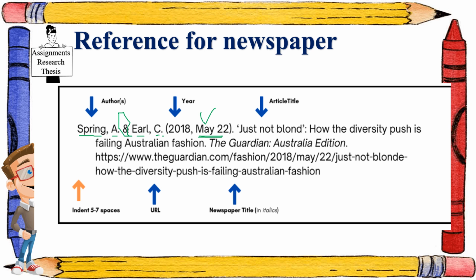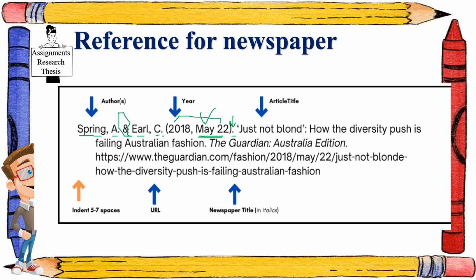If the month and the date are mentioned, then this is the way to write it. Then there is a full stop. And it's not only for newspapers, but if you are copying from a journal or website or books, this is the same procedure to write the year of publication, month or date. So this is the same for everything. Then full stop, and then you know what the next thing is.